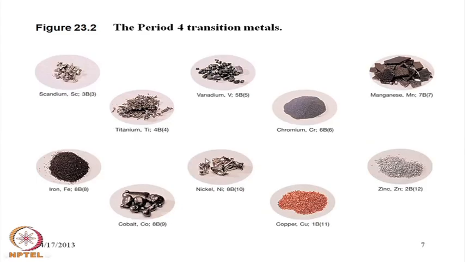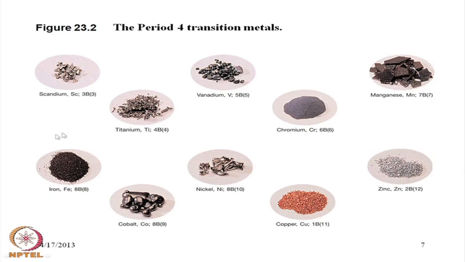So, if we just simply look at the corresponding nature of the metals, which is very important: from scandium to titanium to vanadium, chromium, manganese, iron, cobalt, nickel, copper, zinc.